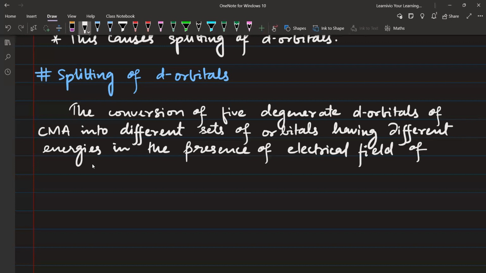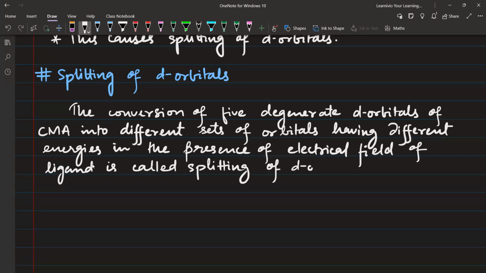Since there is charge, there is an electrical field. The electrical field of ligand is called splitting of d orbitals.